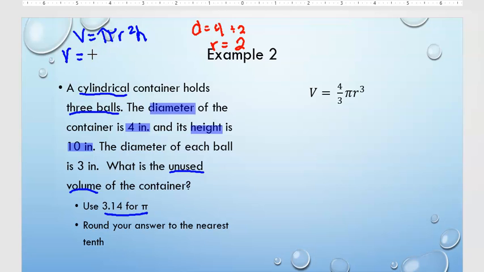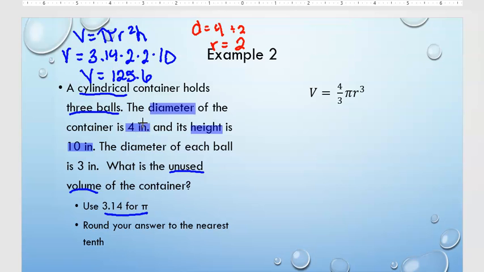So using 3.14 for pi, 3.14 times my radius squared, which my radius is 2, so 2 times 2, times my height, which is 10. Now I just put all that in the calculator, 3.14 times 2 times 2 times 10, and I am going to get that this cylinder has a volume of 125.6.